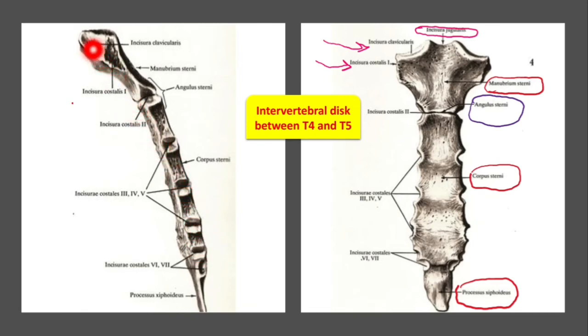You can see how it articulates with the clavicle, incisura clavicularis, for the first rib, incisura costalis prima, and this part is the manubrium sterni, and the angle, very important, the angulus sterni, or the angle of Louis. And the notches for articulation with the ribs. Don't worry, you will see them.